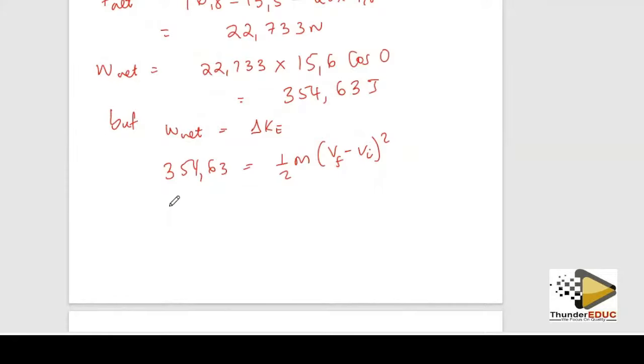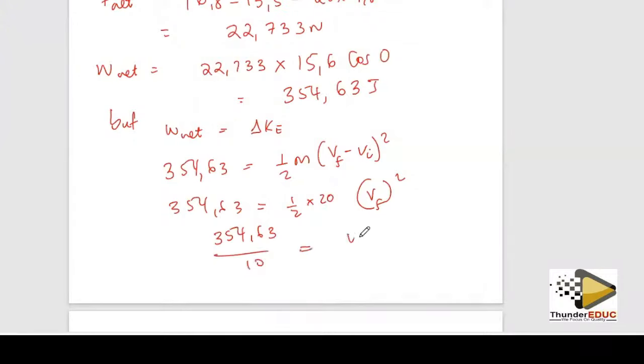I'm looking for the velocity. So 354.63 is equal to a half times 20. Remember, my final velocity is what I'm looking for. Initial velocity is 0, so that's going to be V final squared. When I multiply a half of 20, it's going to be 10. Divide both sides, I have my VF squared, and then I'll find my square root.